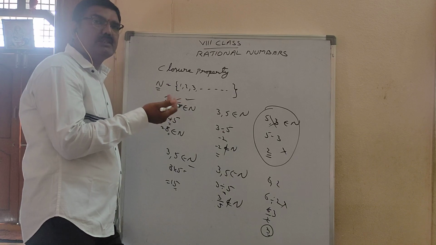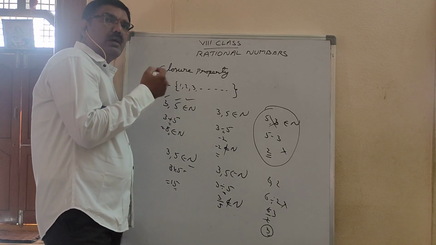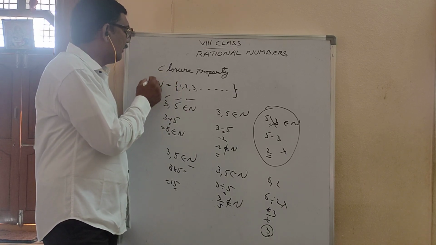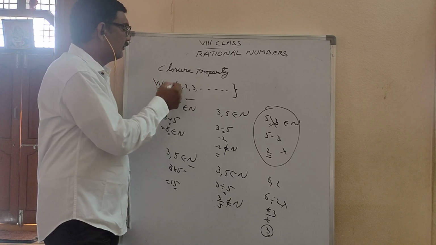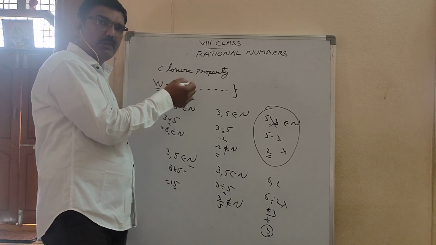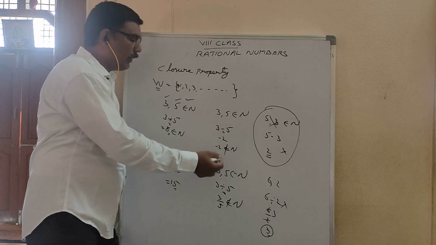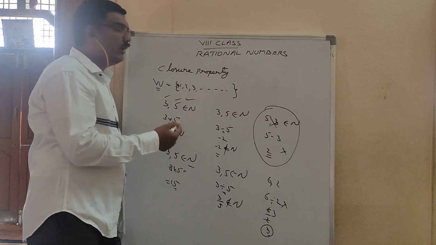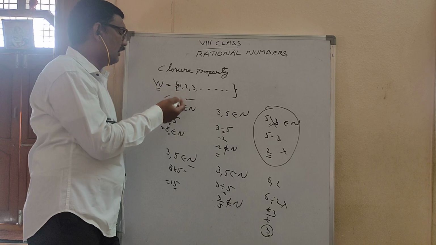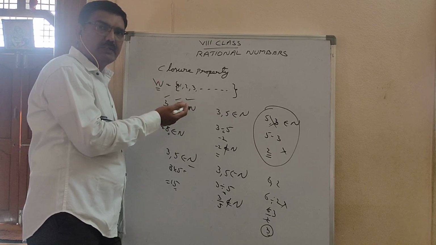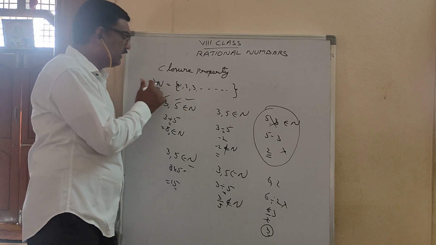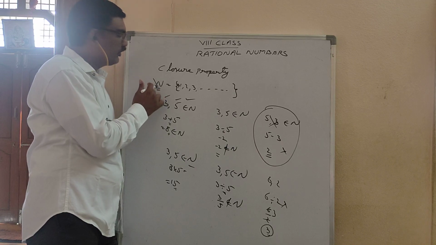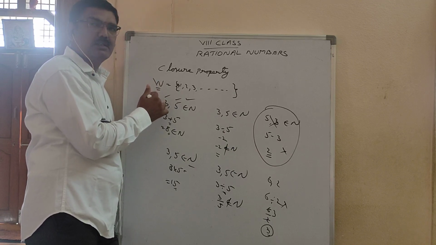What you have to do is take the whole numbers set. Again, you have to do four operations. Then, are you getting satisfying or not satisfying? Next, in place of W, you should take Z, integers.